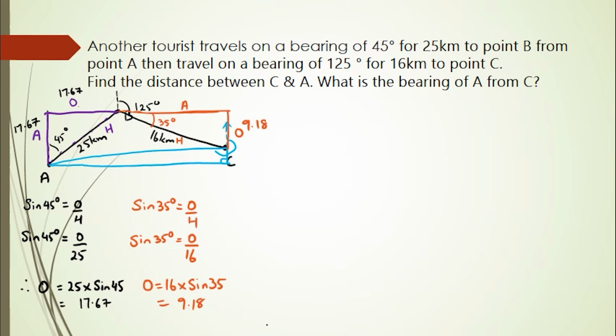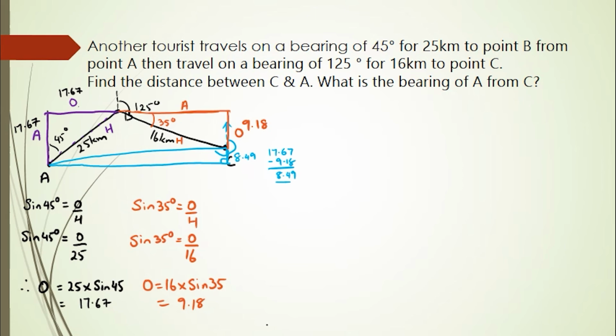So because for the orange triangle the opposite side is 9.18 and the purple one is 17.67, I could now work out what this little blue line here is, because that's just 17.67 minus 9.18, which equals 8.49. So for this little light blue triangle, the height is going to be 8.49.